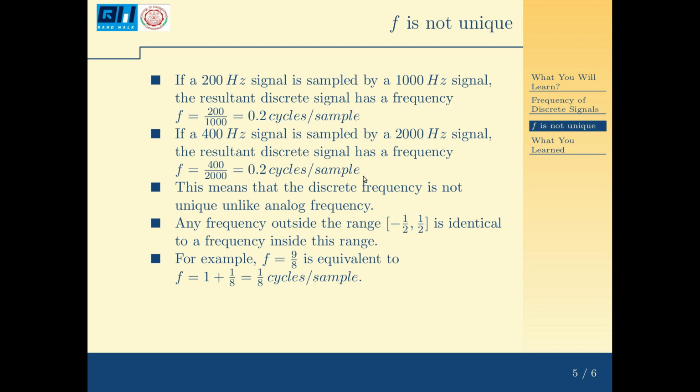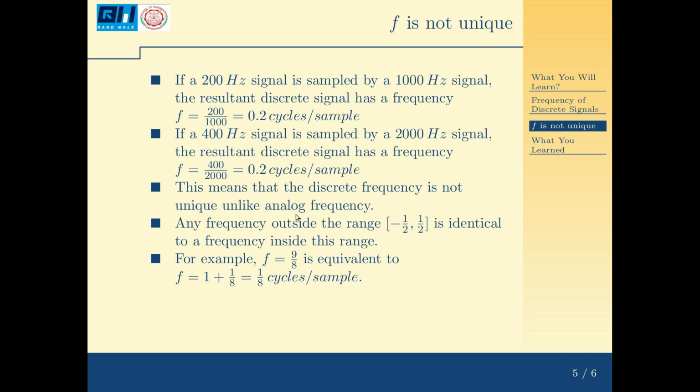So whenever you mention the discrete frequency, you have to be sure about what the sampling frequency is. Only when you mention the sampling frequency can you make sense out of that. So this means that the discrete frequency is not unique, unlike analog frequency. Analog frequencies or continuous time frequencies are unique. Like 400 hertz is different from 200 hertz, that is different from 1200 hertz. They were all unique. But the discrete frequencies are not unique. So you have to specify your sampling frequency also to make sense.